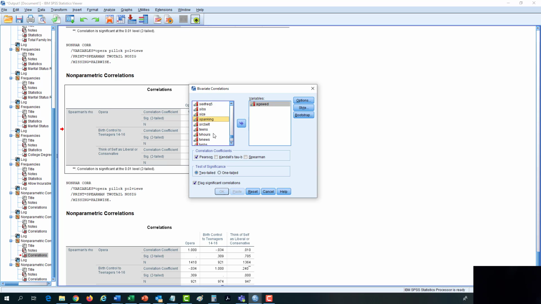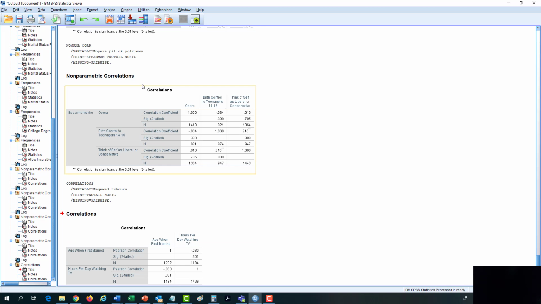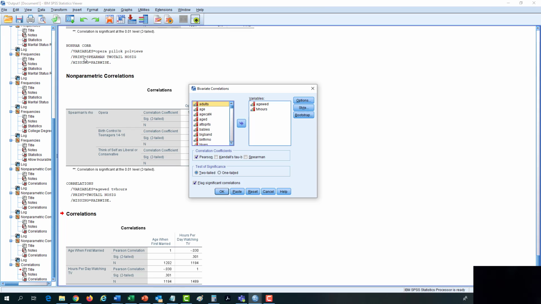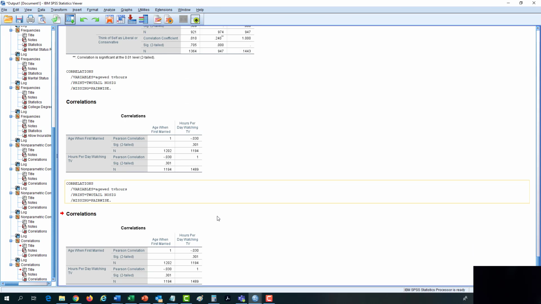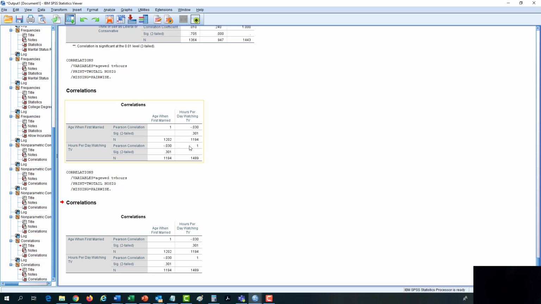No, not spanking. Let's do TV hours again. Let's make it easy. And we're only going to do 2 of these. So I think both of these are interval level variables. So we can leave Pearson clicked. I'll do it again.